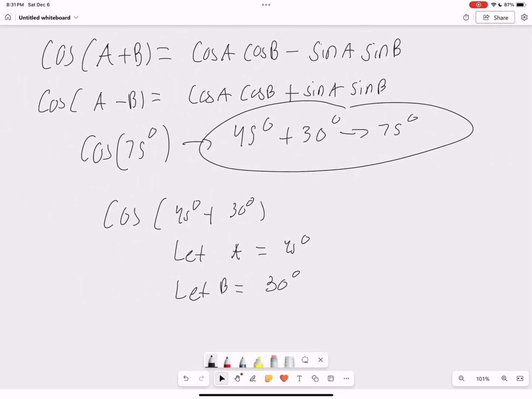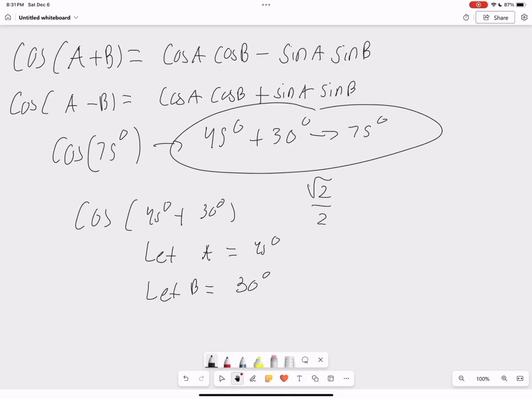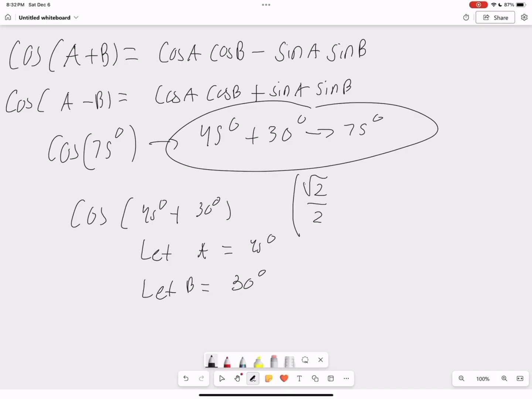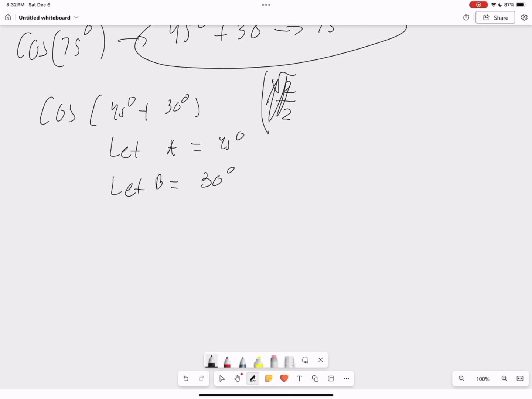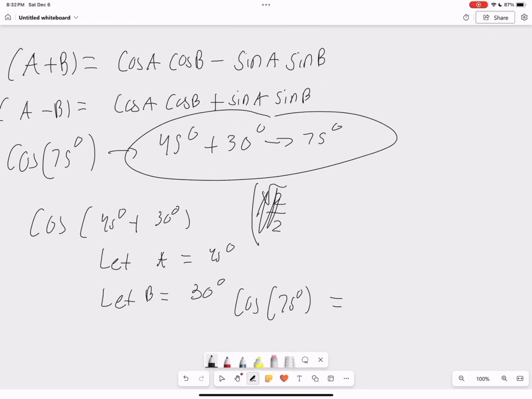Cool. So let's get it. We know the cosine of 45 degrees is root 2 over 2. So we're going to plug into the formula. Let me write it right here: cosine of 75 degrees. We're going to be using the first formula. So A is 45 degrees, so cosine of 45 degrees is root 2 over 2.